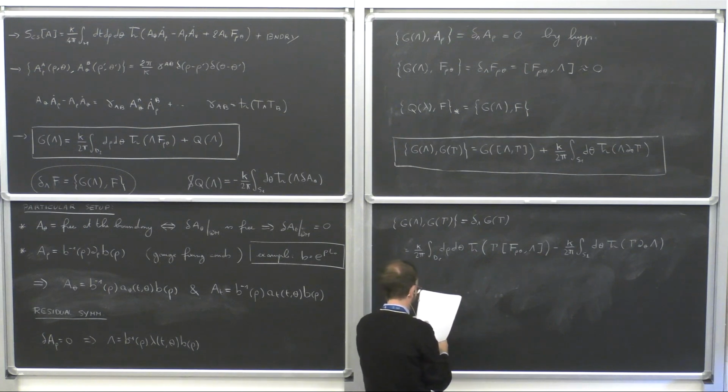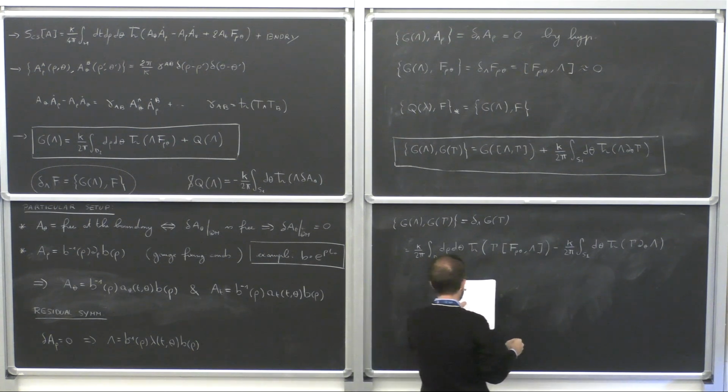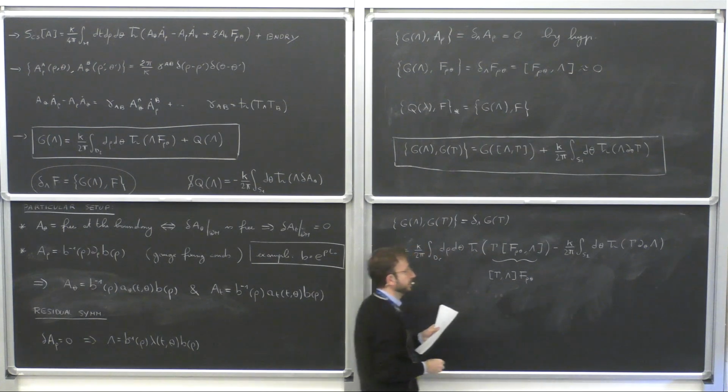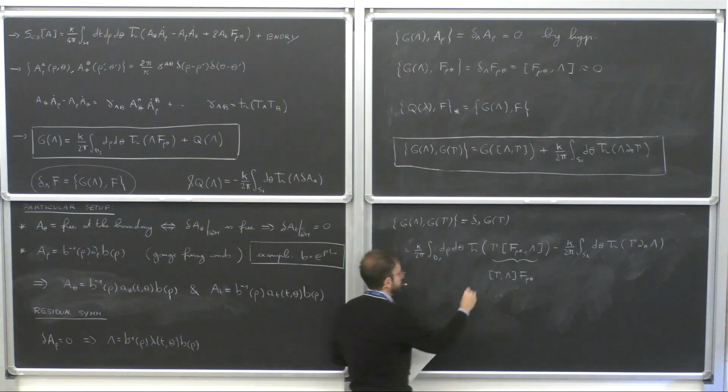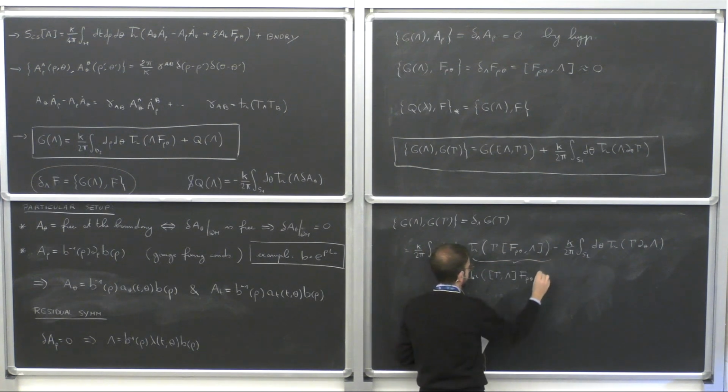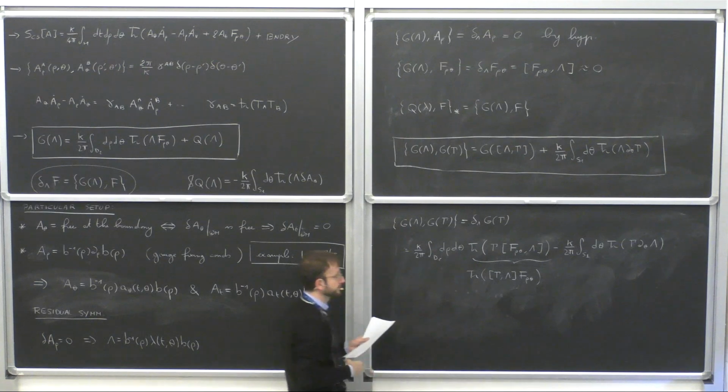Okay, very good. Now here I can just use the cyclicity of the trace, and I write this term as the commutator of gamma with lambda, f rho theta. Let me put also the trace, just to emphasize that I use the cyclicity of the trace to rewrite it like this.